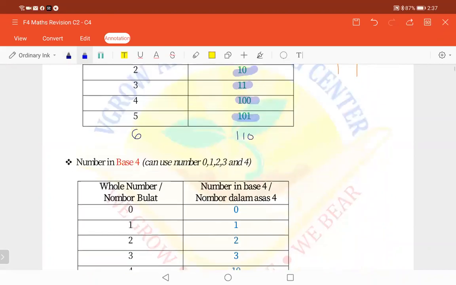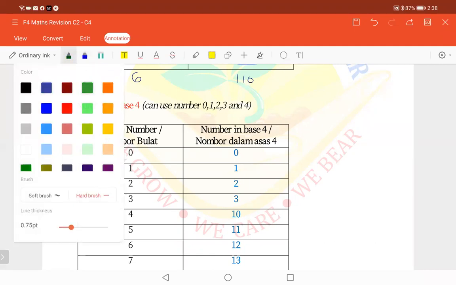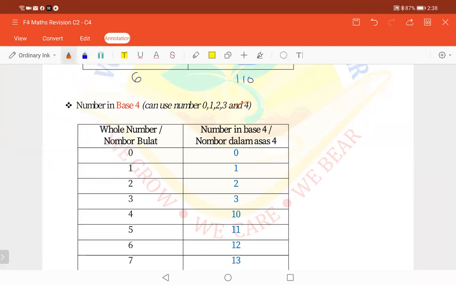Okay, we'll move on. Another example. Number in base 4. So if it's base 4, we will see 1, 2, 3, and there's no 4. Typo error here. Okay, 4 won't appear. It should be 0, 1, 2, 3. Base 4 means only 4 digits.